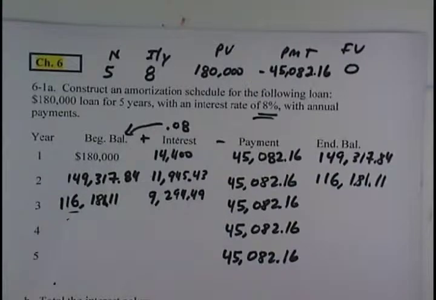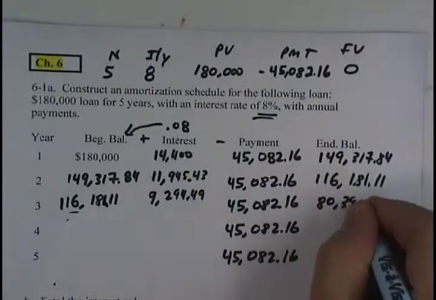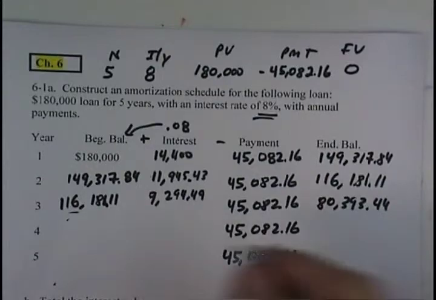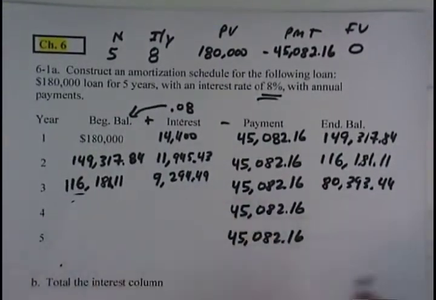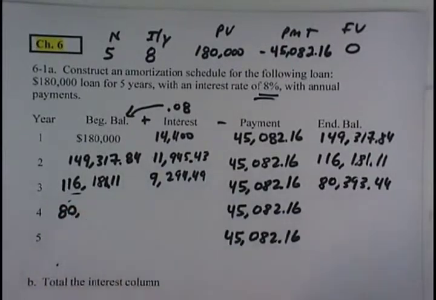When that's added on to the $116,181.11 beginning balance, and then my $45,082.16 payment comes off, I owe $80,393.44, which is my beginning balance for my fourth row of my amortization table.